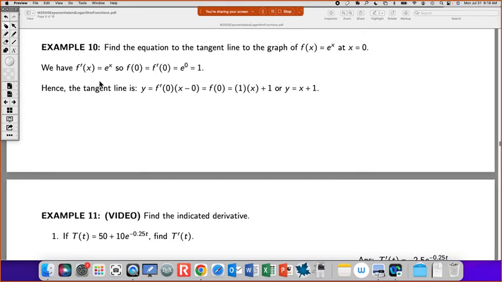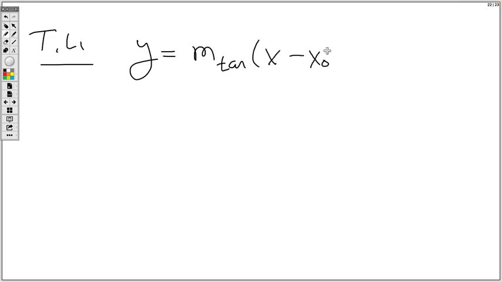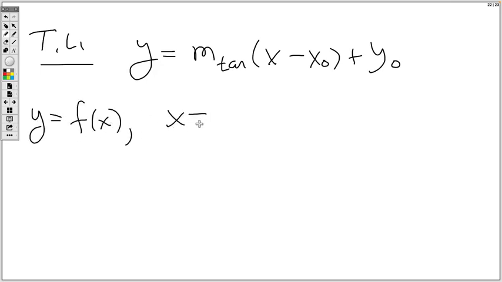Find the equation of the tangent line. All right, tangent line. y equals slope of the tangent line times x minus x naught plus y naught. If you have y as a function of x, and you're looking at x equals a, the slope of the tangent line is the derivative at a.